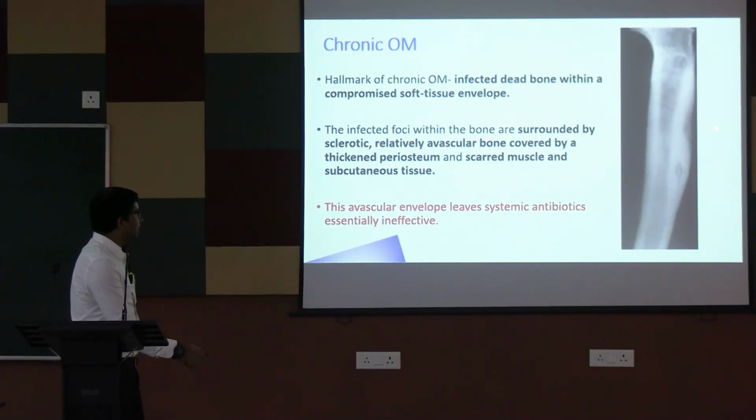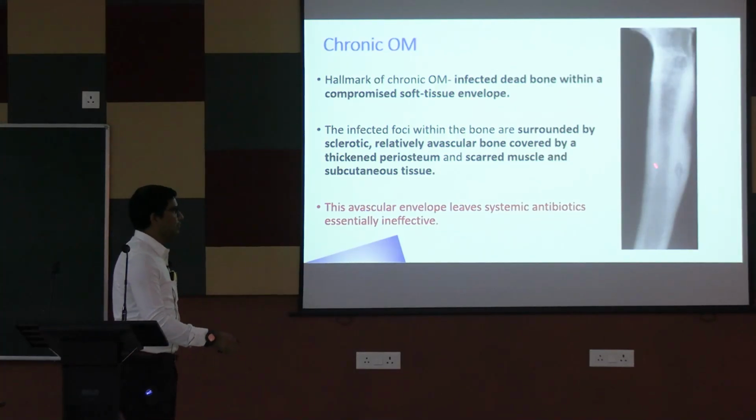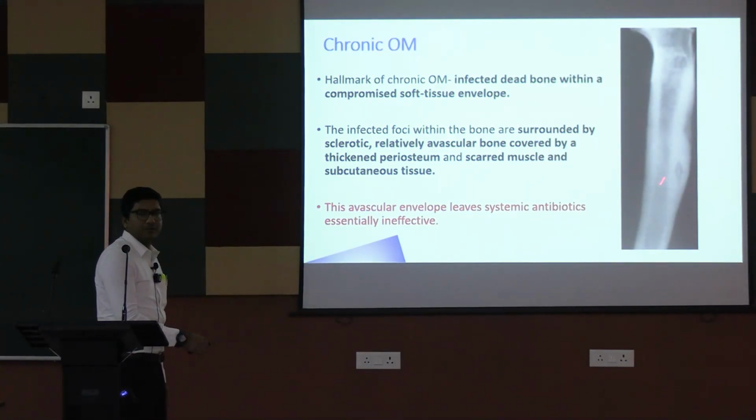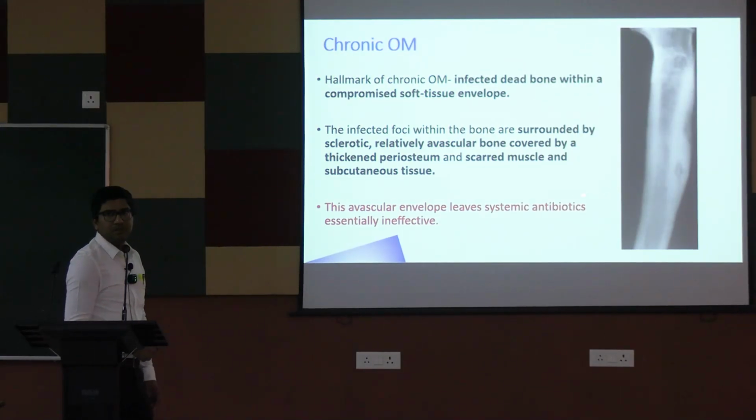This sclerotic focus is surrounded by relatively ischemic or scarred soft tissues and avascular thick periosteum and bone. So they basically seal off this area from the blood supply. So antibiotic alone is not effective. It doesn't reach this area in sufficient concentrations to neutralize this infection.